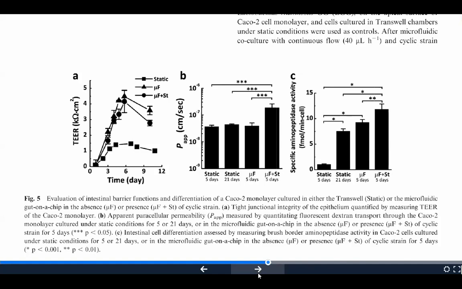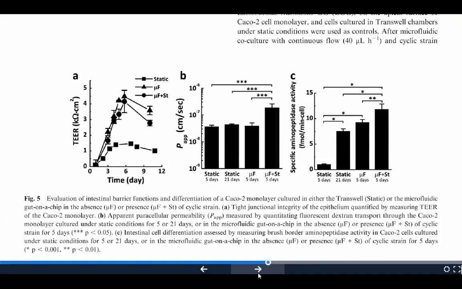But this gets interesting when we see figure 5b, because in figure 5b they have measured the apparent paracellular permeability of the intestinal epithelial cells using fluorescent dextran FD20.